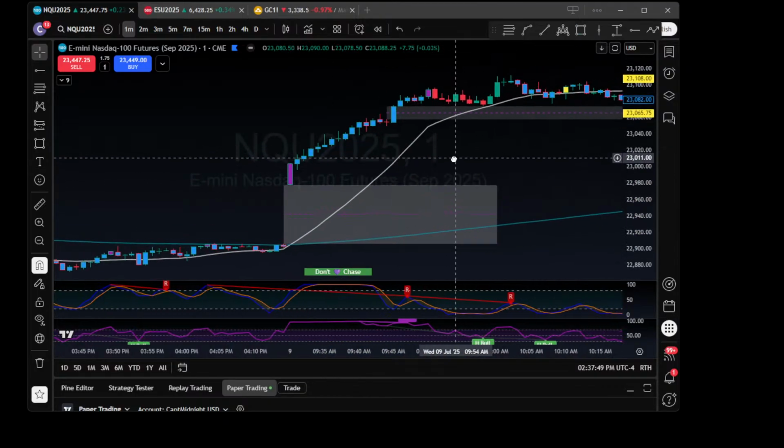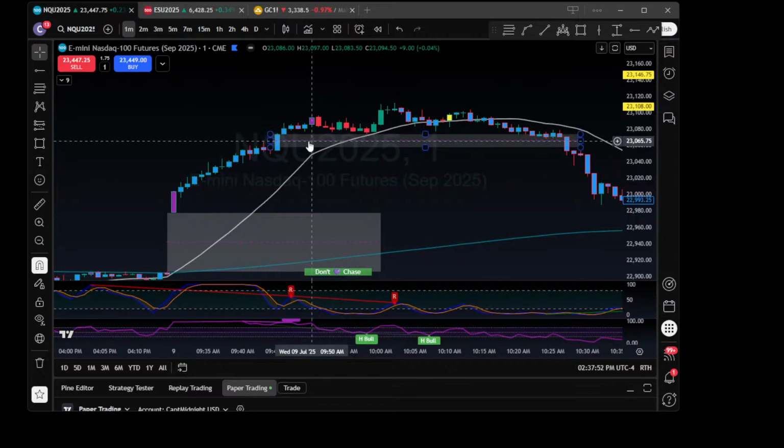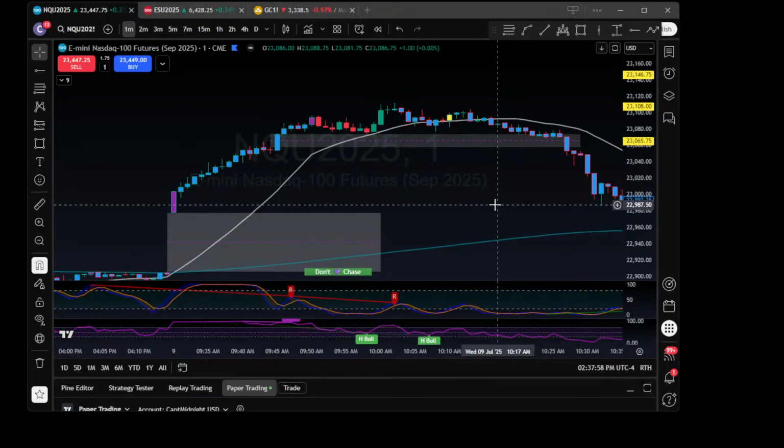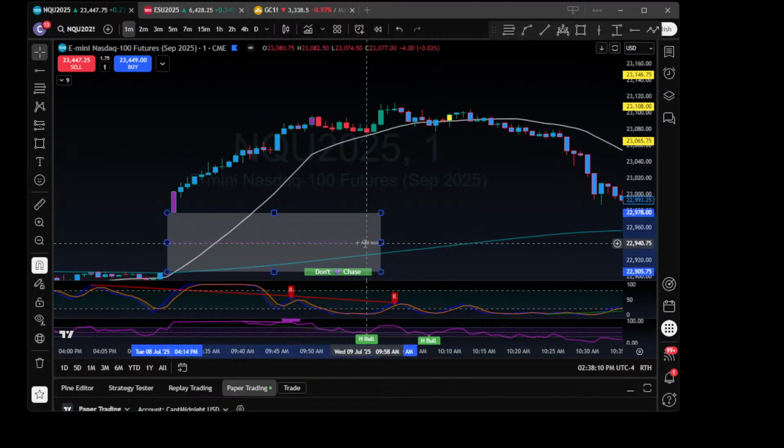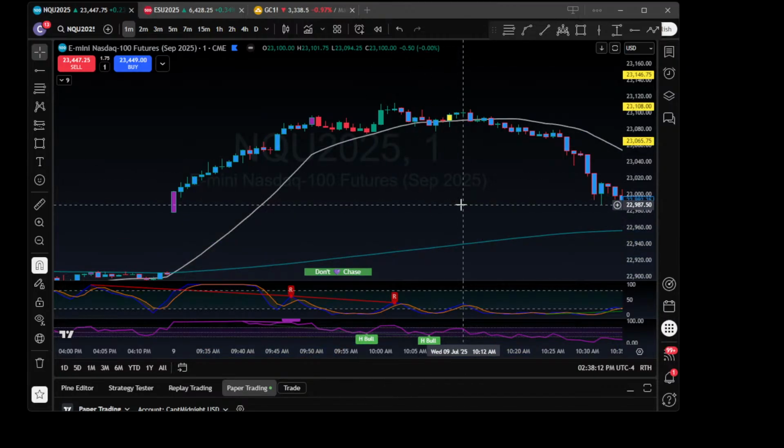They're just running away. I did mark out that one. No trade on this one either. There's just nothing. You don't want to be in any of this. I think we're near all-time high again. So 9, no trade.